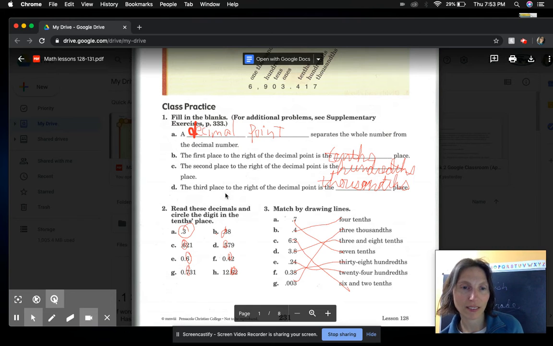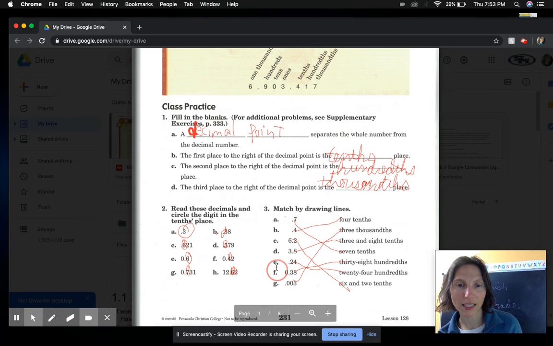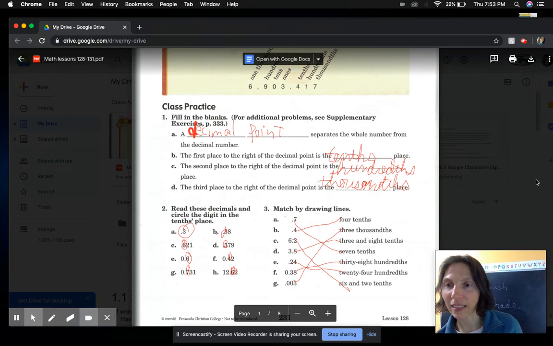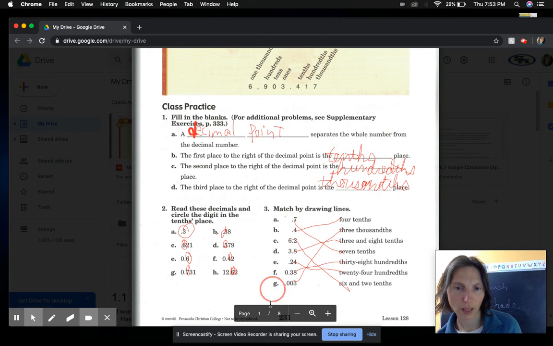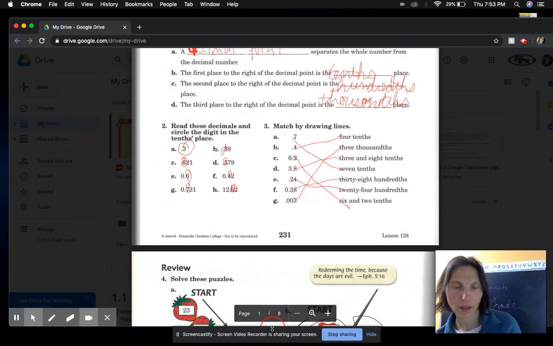All right. I need to move this again, which it never wants to move on me. Please move, paper. I'm not really sure why it's doing that. Okay.